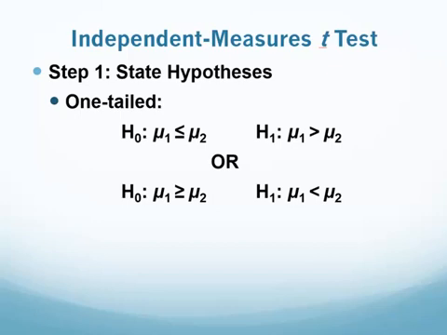For a one-tailed test, just like our previous hypothesis tests, the alternative can only be less than or greater than, whereas the null would be the opposite, either less than or equal to or greater than or equal to, right? And again, what we're simply still saying in the null is that the difference between the sample from population 1 is really no different.